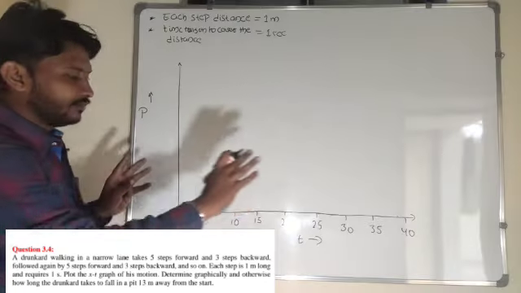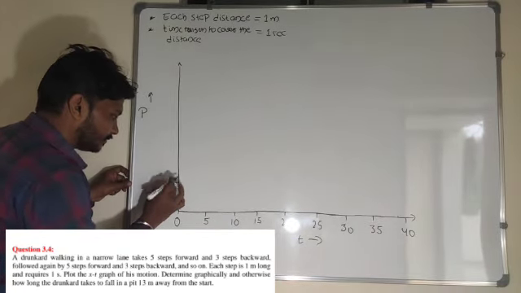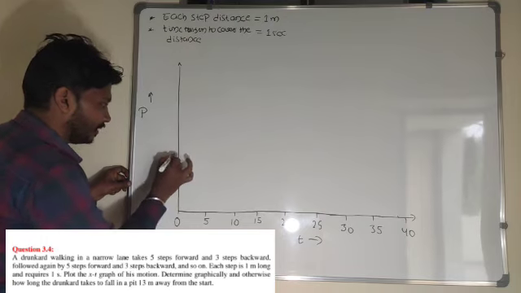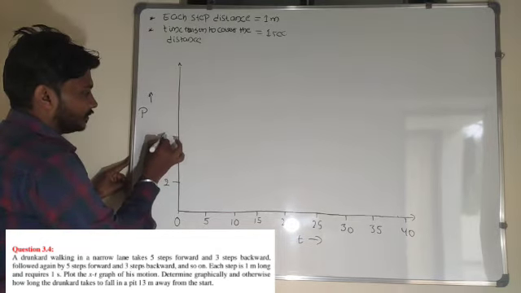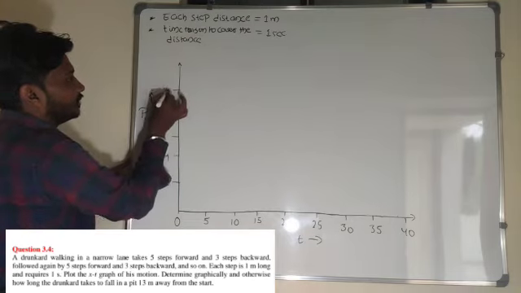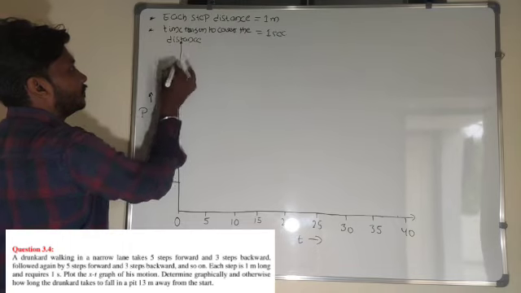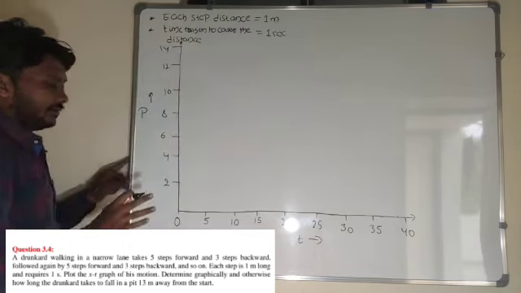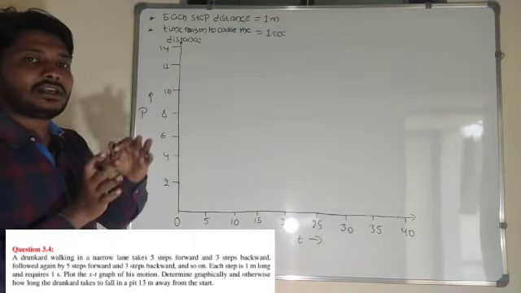Then along the y-axis, distance: 2 meters, 4 meters, 6 meters, 8 meters, 10 meters, 12 meters, and at last 14 meters. Now I will draw the position-time graph for his motion.